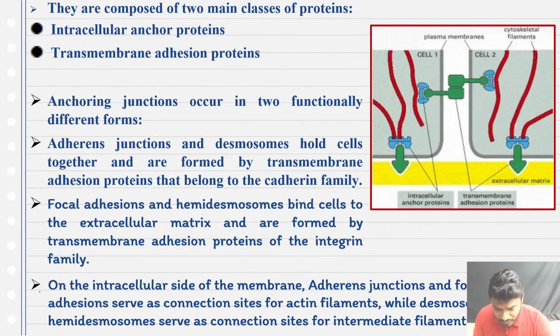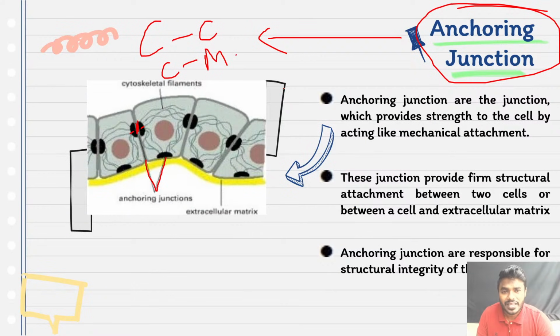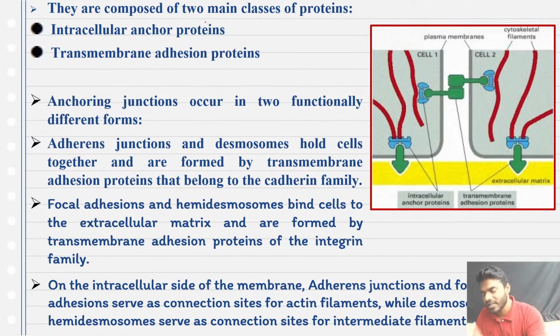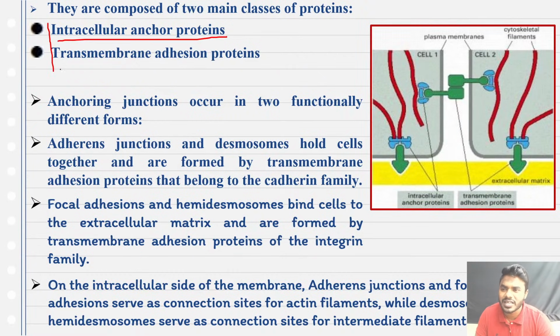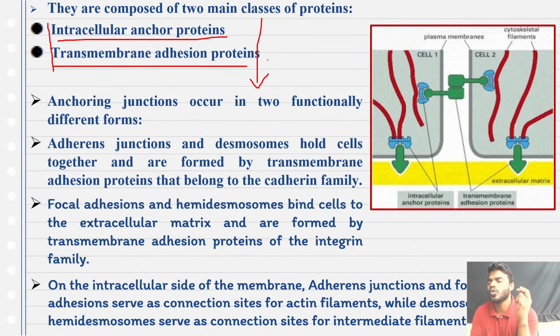Focus. We read the tight junction. The second junction is the anchoring junction. The anchoring junction is present between cell to cell, and also cell to matrix. It is responsible basically for the structural integrity of the tissue. Every anchoring junction is made up of two proteins, which we can call intracellular and transmembrane protein, and these anchoring junctions are broadly categorized into two types based on their composition and majorly on the function performed by them.